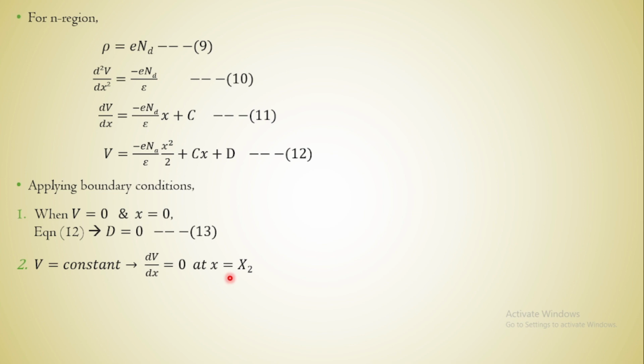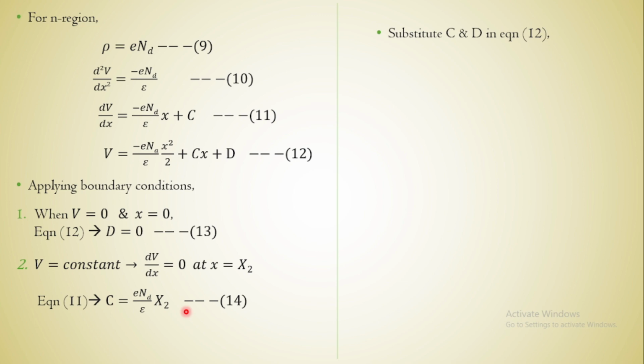Substituting this back into equation number 11, we get the value of C as e Nd by epsilon into x2, which we call equation number 14. So now we have found the values of C and D, and we substitute them back in equation number 12, which leads us to the value of V.